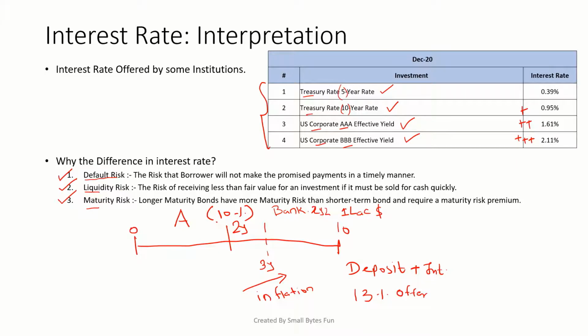But A already has a deposit at 10% for 10 years. So what is happening to A's deposit? A is not eligible for 13% interest. So for 7 years, A is going to lose 3% interest.